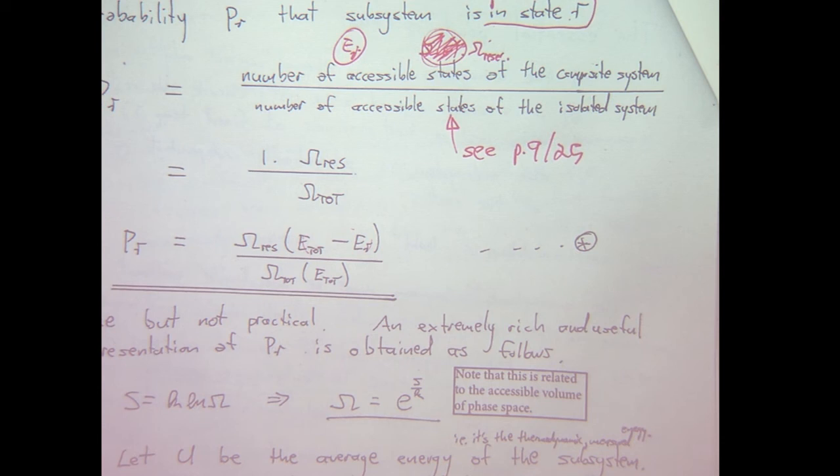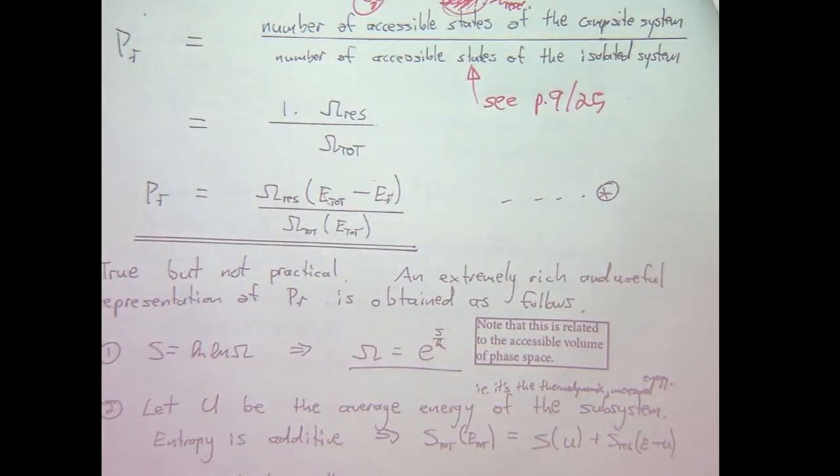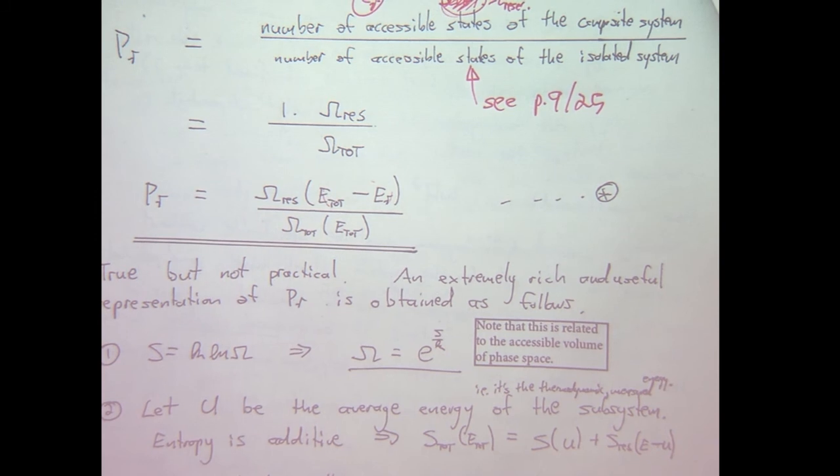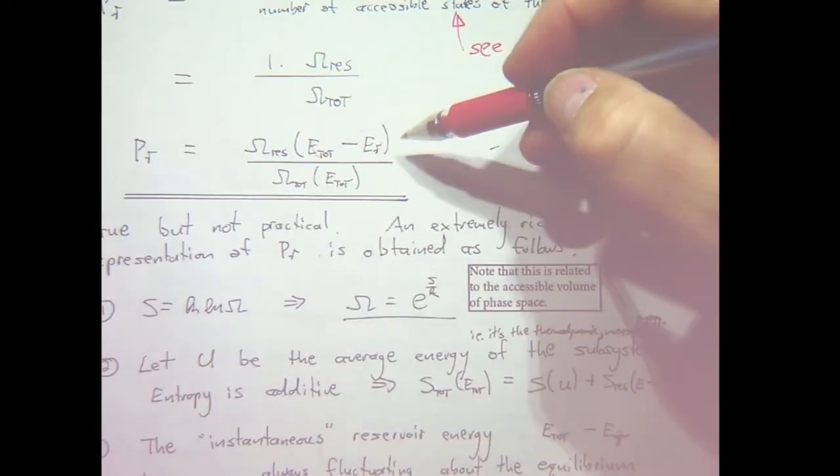In quantum mechanics, you don't talk about phase space. But you're assuming no degeneracy. Oh, it doesn't matter if there's degeneracy. We said one. It's one state, but there could be many with the same energy. We don't care. It could be degenerate. In fact, it's almost certain that it's going to be hugely degenerate.